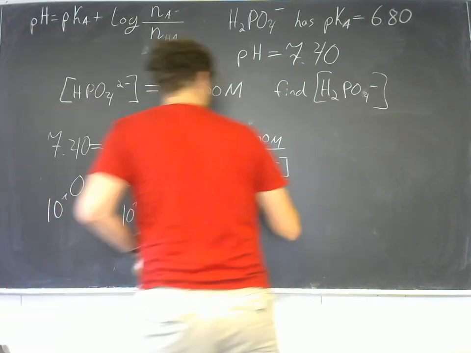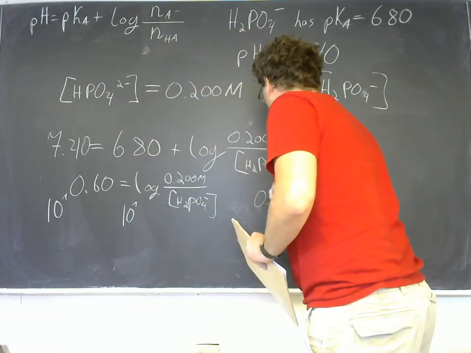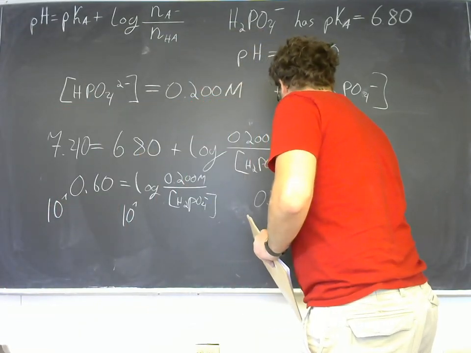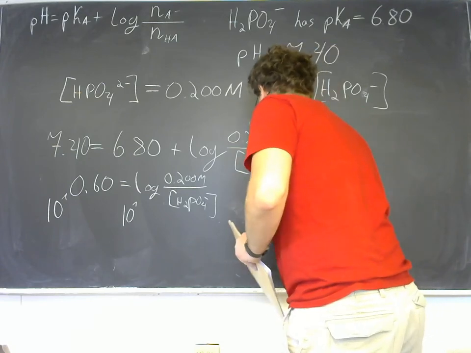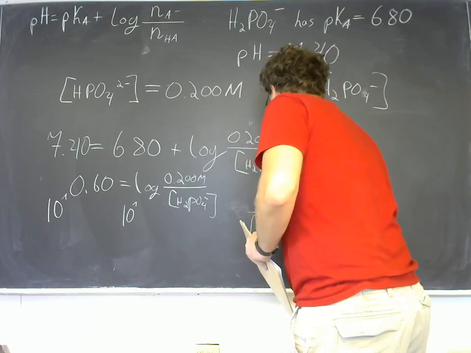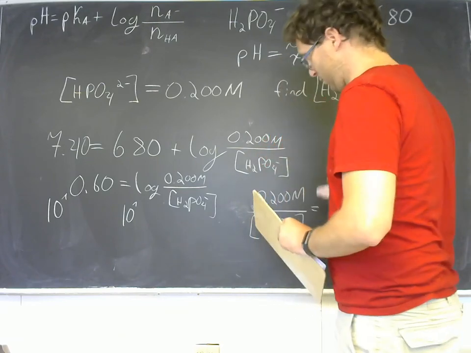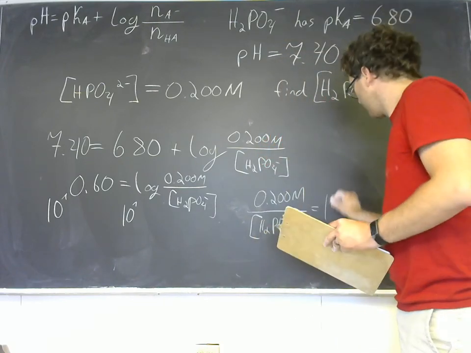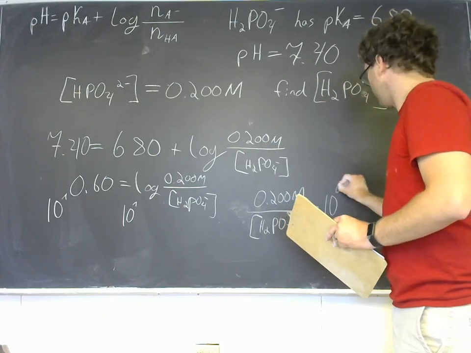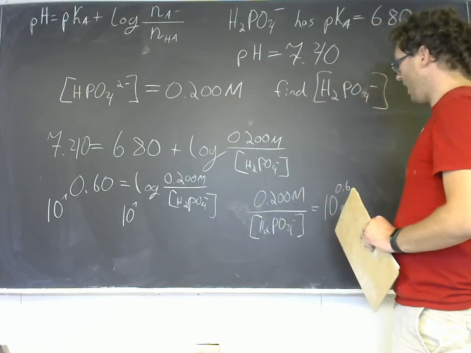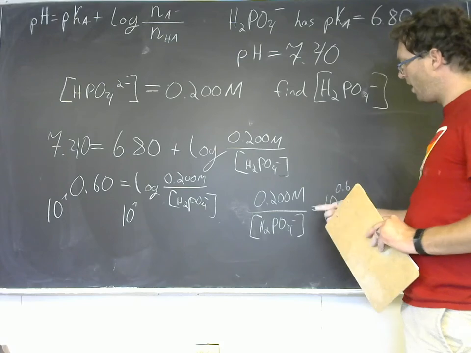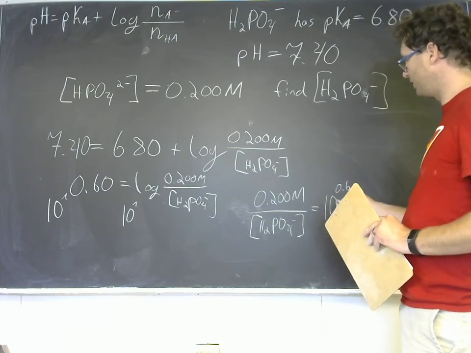So in other words, 0.200 molar over our H2PO4 minus concentration is going to equal 10 raised to the power of 0.6. We can swap these.